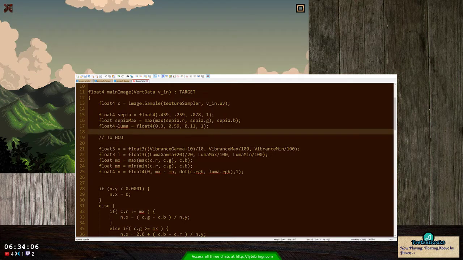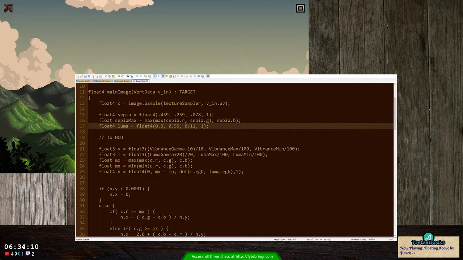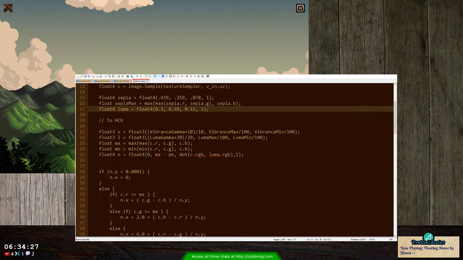So this luma right here is what we multiply by to get the luminous of any particular color. And so if you have 1, 1, 1, you add all of this up, you get 1. If you've got any other color, it adds up to something less, and that's just how this thing goes.